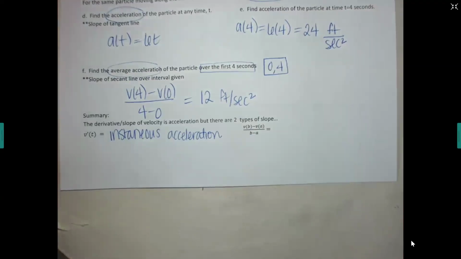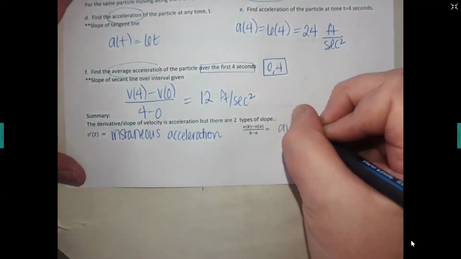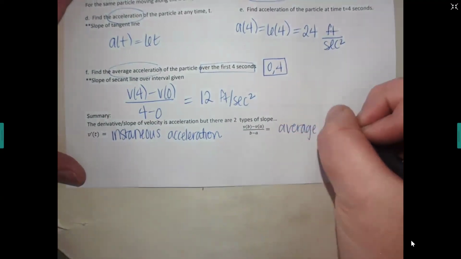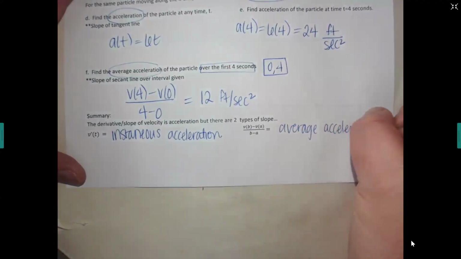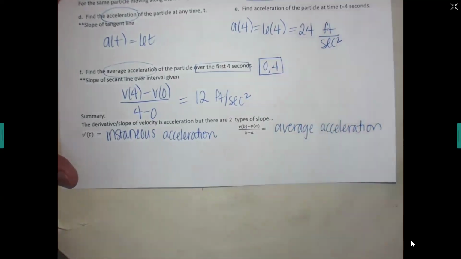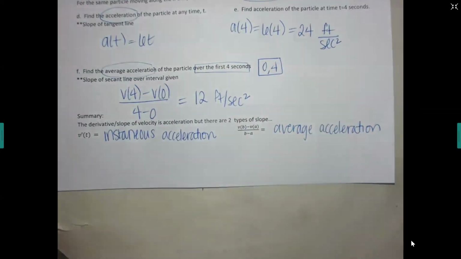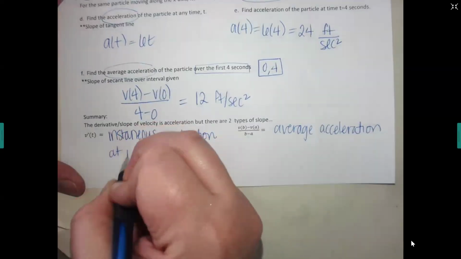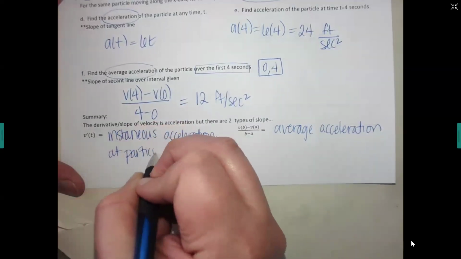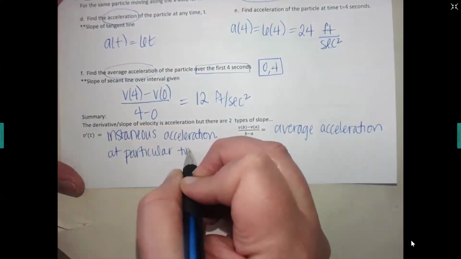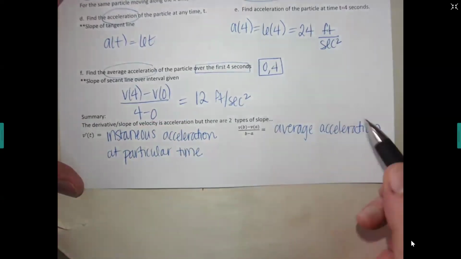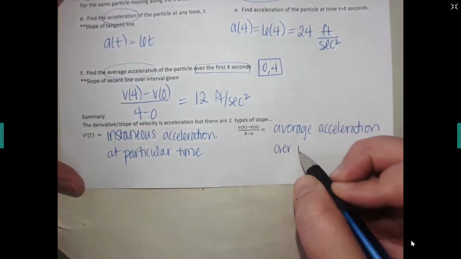Versus if you do the slope formula on velocity, you're getting average acceleration. So instantaneous acceleration is at a particular time. And then average acceleration is over an interval of time.